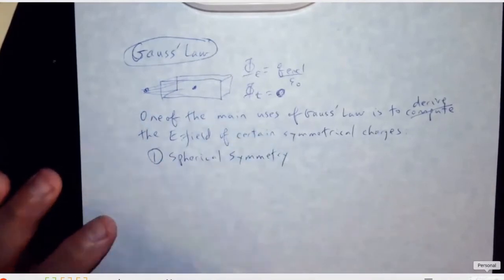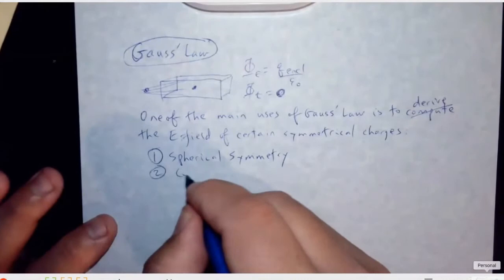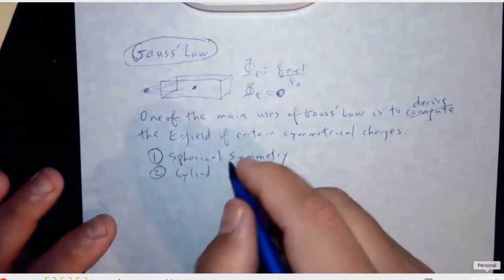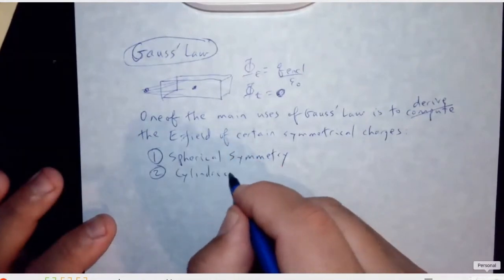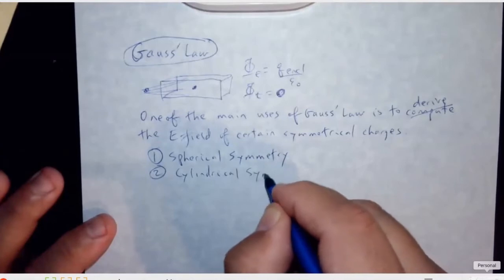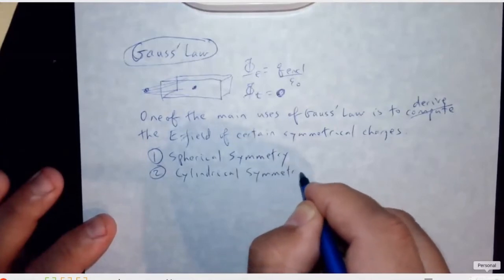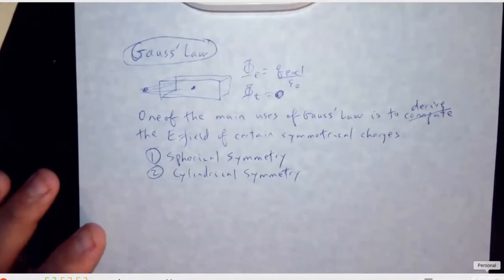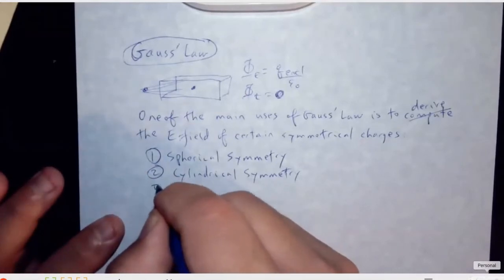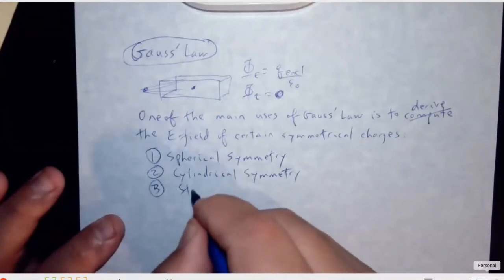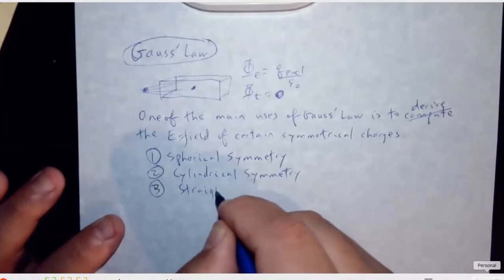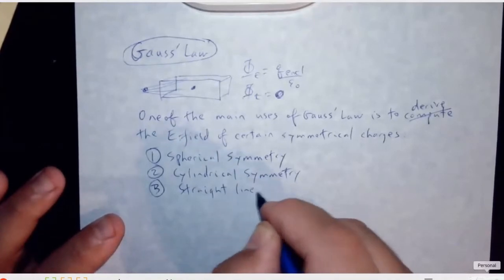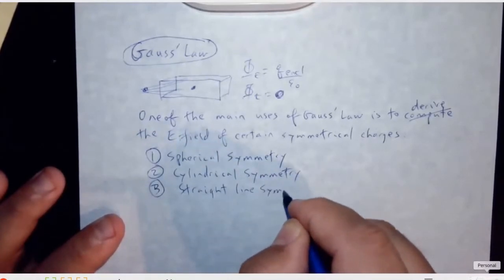and cylindrical symmetry, and the other one we can call, for lack of a better term, straight line symmetry.